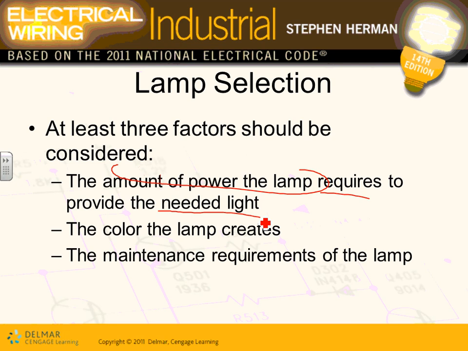The color that the lamp is creating for you. Color discrimination or color identification, guys, is a big deal. If you want to be able to tell your blue car from a green car, you need a fixture like high intensity discharge metal halide that can tell you this is a green, not a blue, car. We talked about this one, if you remember, in the commercial project.